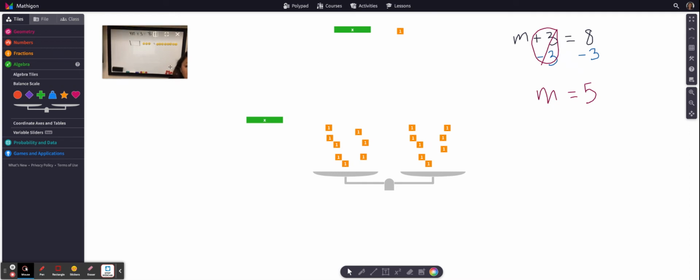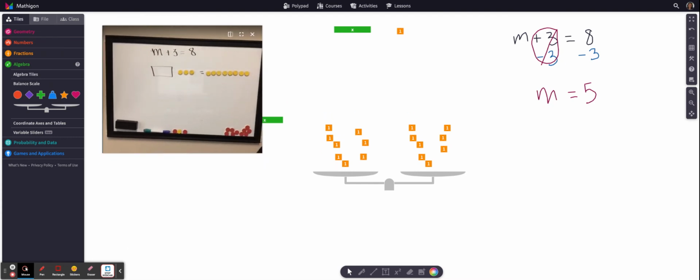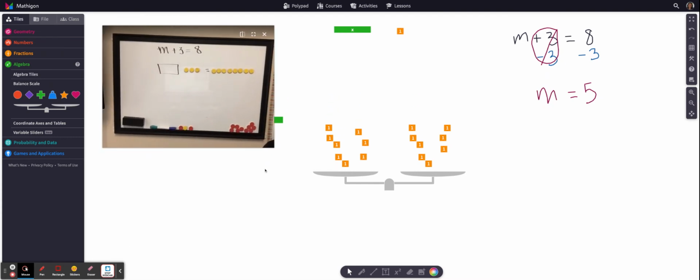The other way in which we could solve this equation, let me make this larger. Here we go. Okay, we can think about this as, hey, m represents this box, this container. I have this container plus 3 positive pieces, and all together I have a total of 8 pieces.